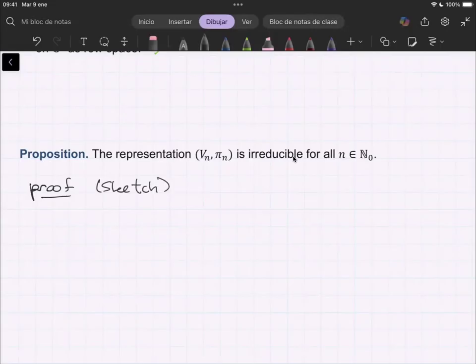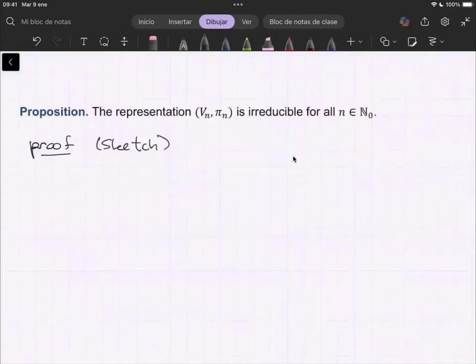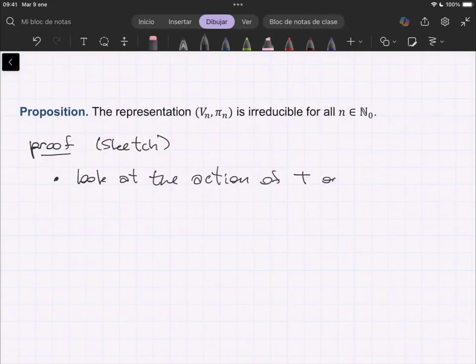So how do we prove that it is irreducible? The first thing that we do is look at the action of T on the basis. The basis of the homogeneous polynomials is given by these elements, from k equals 0 to n.